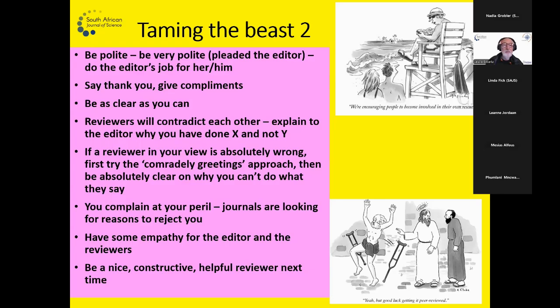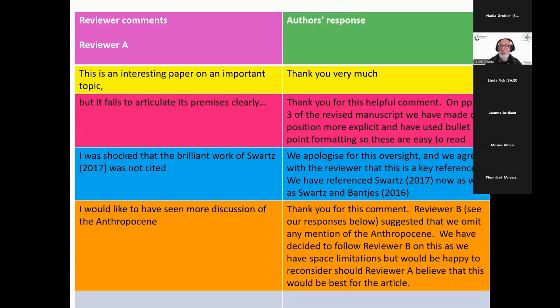So I'm going to give you an example of what I do. This is my last slide, but I'm really happy to take discussion after Linda's done her presentation. Don't do it in all of these colors, but what I find really helpful, both as an author and as a reviewer, but also as an editor, is what you want to show the reviewers and the editors, that you have responded to absolutely every single thing that they have said.